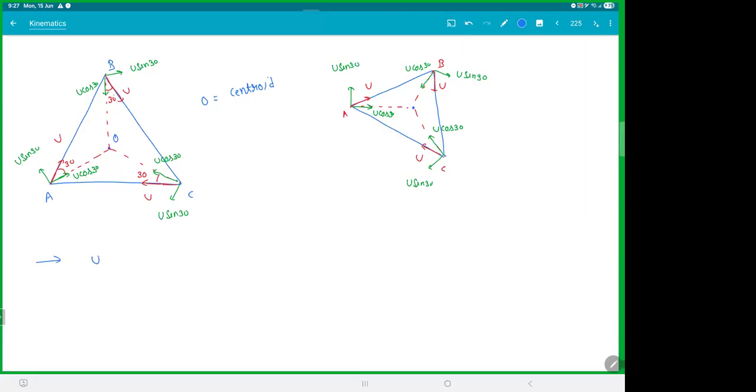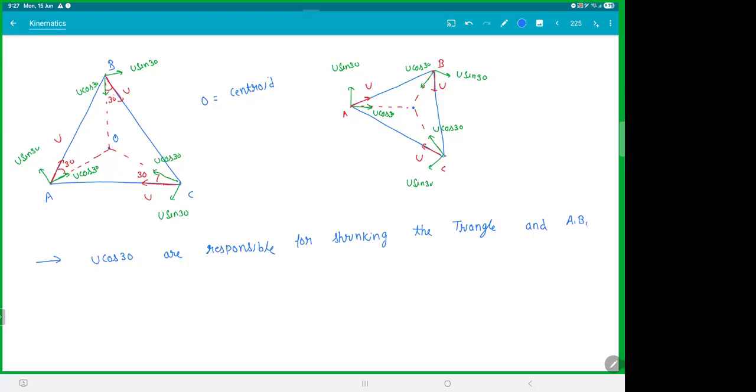So what we get from here is that the u cos 30s are responsible for shrinking the triangle, and for A, B, C to meet at the centroid.